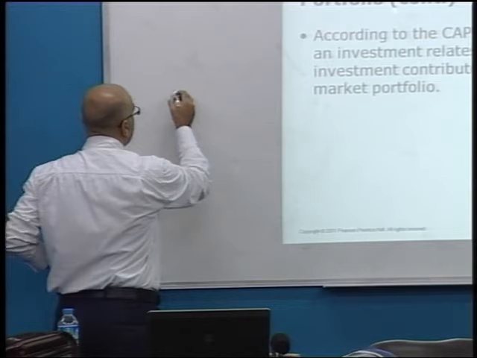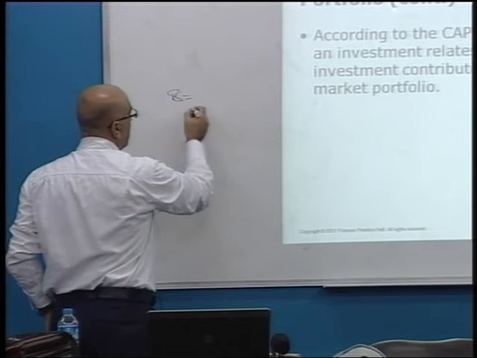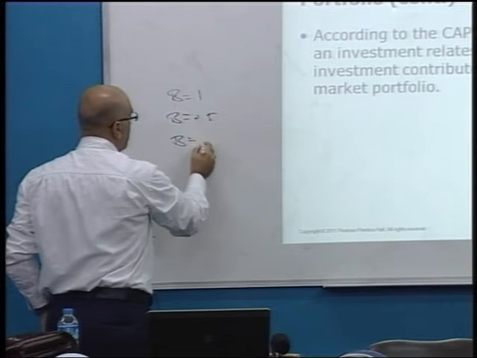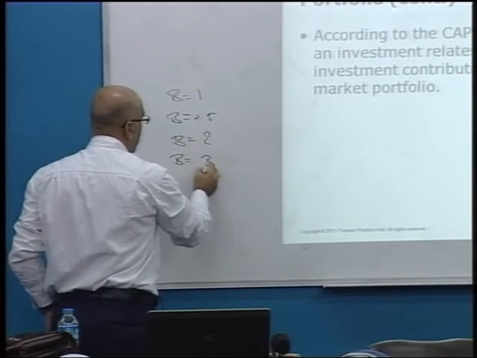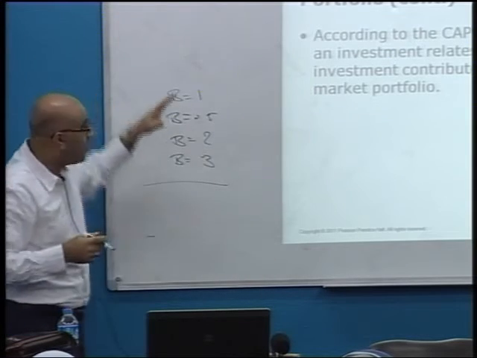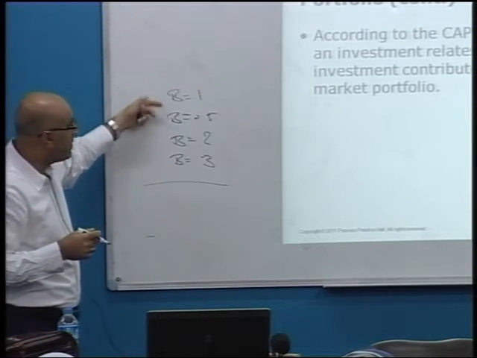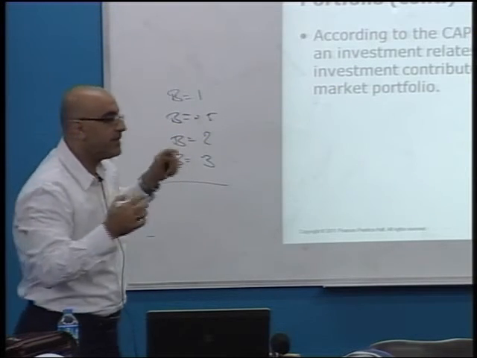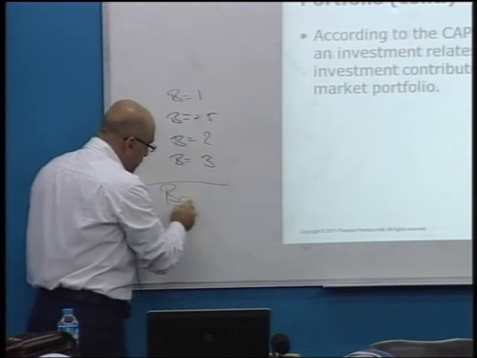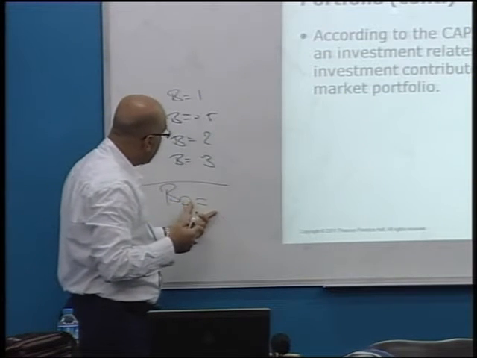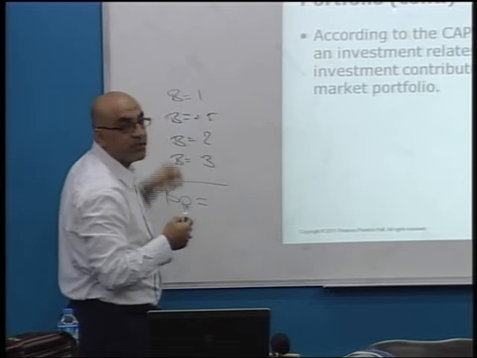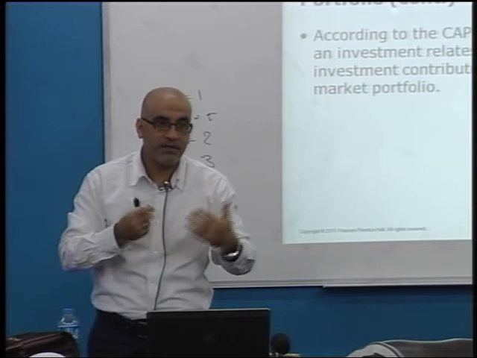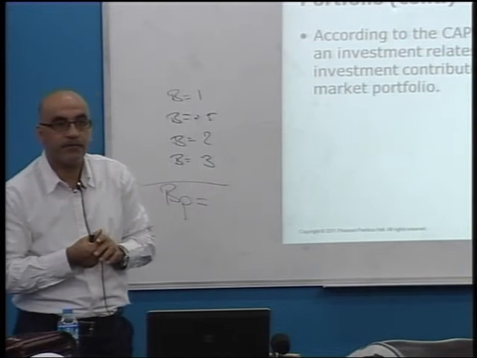If we have stocks with different betas, beta could be 1, beta could be 0.5, beta could be 2, beta could be 3. Now, the risk of the portfolio depends on the betas of each stock. So it means the beta of the portfolio is the contributions of each one. Okay? We will see in an example how things work.